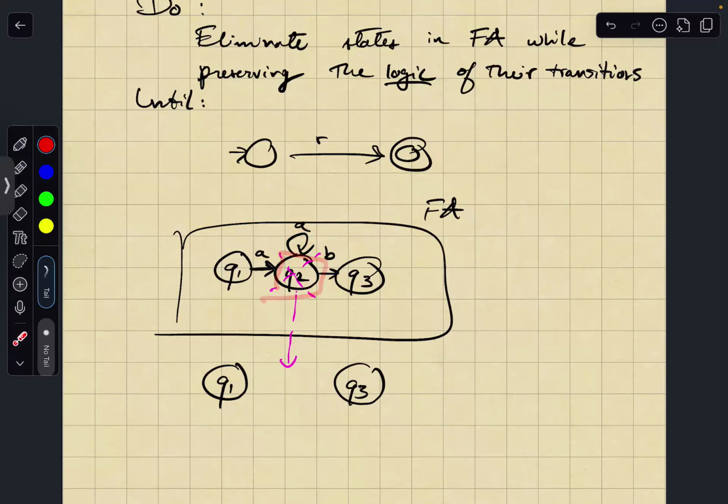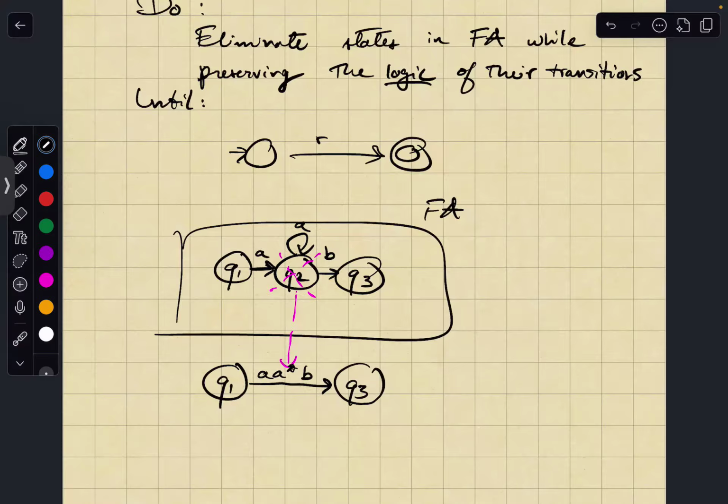Q2 allows your machine to get from Q1 to Q3 by reading an A, then any number of A's, and then a B. So instead of having this intermediate state, I can create a direct transition where the label is now A star B.